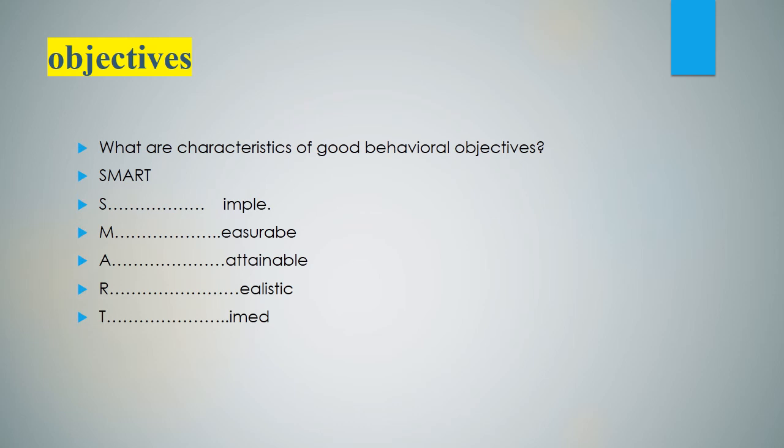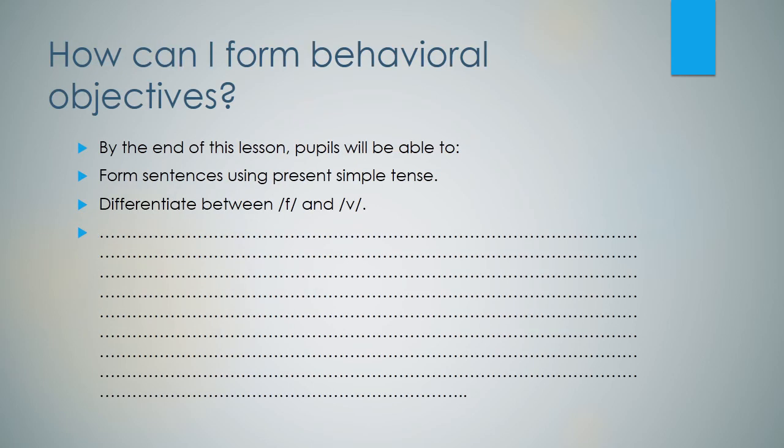I'll give you some examples of good behavioral objectives. Attainable means I can achieve it, or achievable. Realistic means not imaginary. And timed means time.